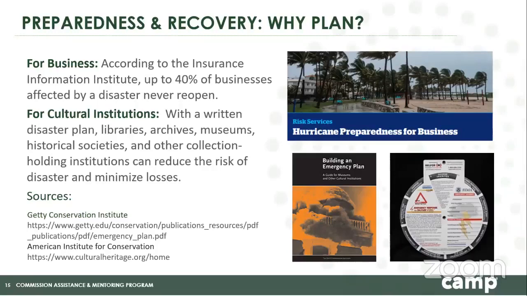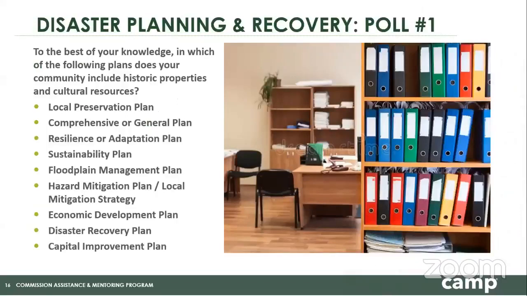So we have a kind of a poll. It'll just be a raising of hands. To the best of your knowledge, the group that's here in the audience, which of the following plans, because there's definitely different plans, incorporates historic resources and cultural resources in your community currently? Do you have a local preservation plan? Raise your hand if you have a local preservation plan.